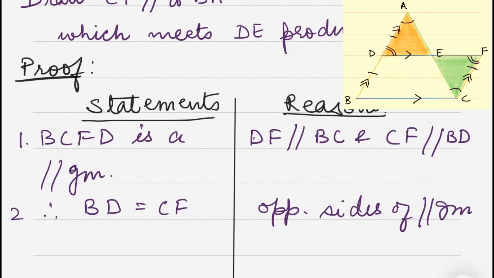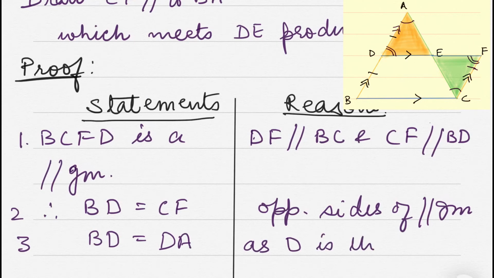BD is equal to CF, then this is also given that BD is equal to DA, as D is the midpoint of AB, and this is given to us.